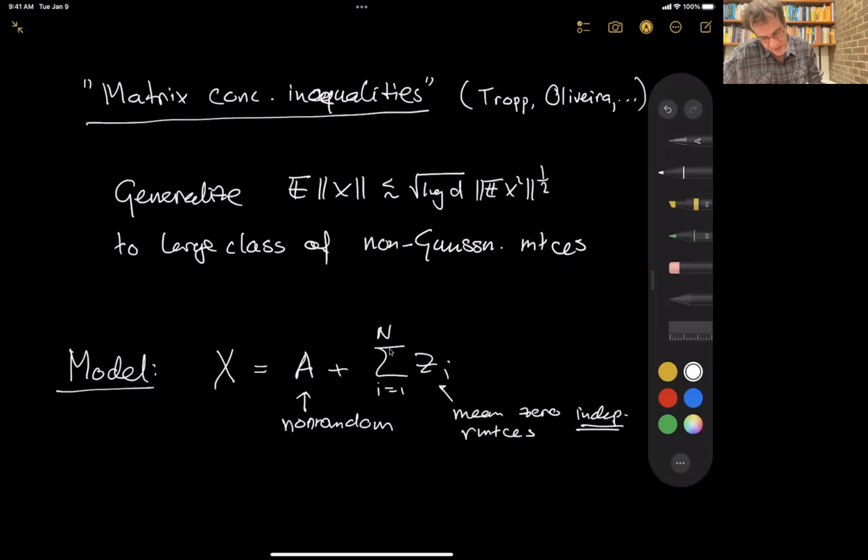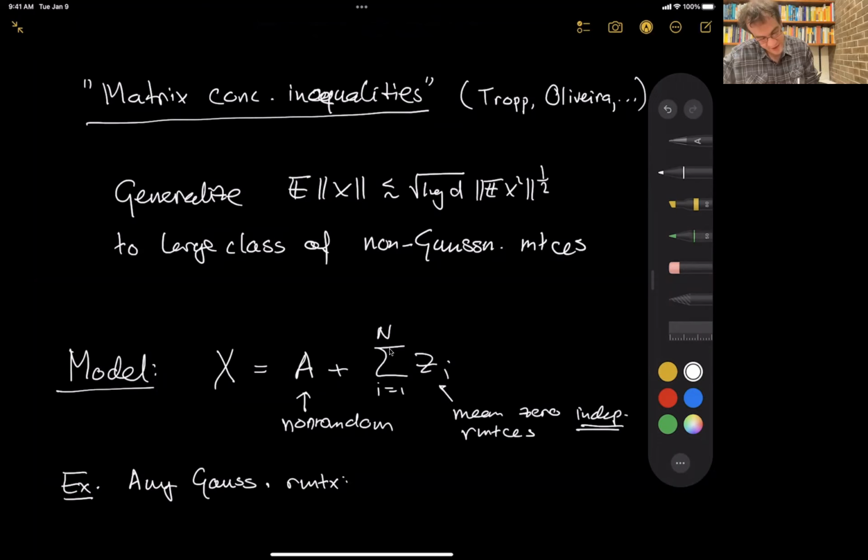Before I do that, let me emphasize that these random matrices are non-Gaussian, because the Z_i's can have basically any distribution. But they capture many random matrices as special cases. For example, any Gaussian random matrix is a special case, because any jointly Gaussian variables can be written as linear combinations of independent Gaussian variables.